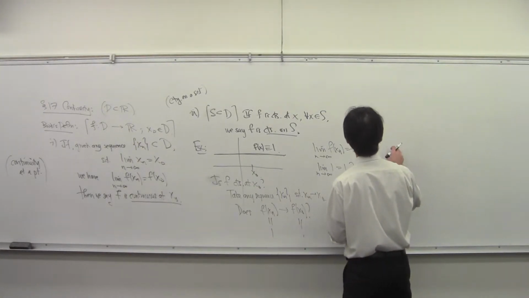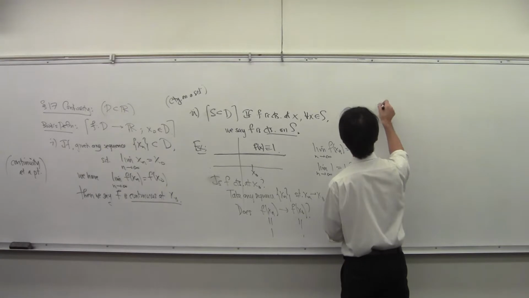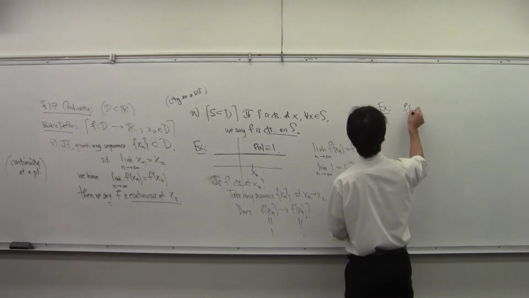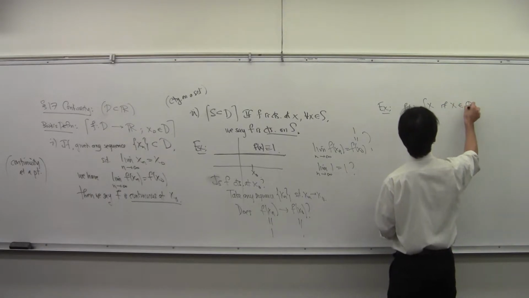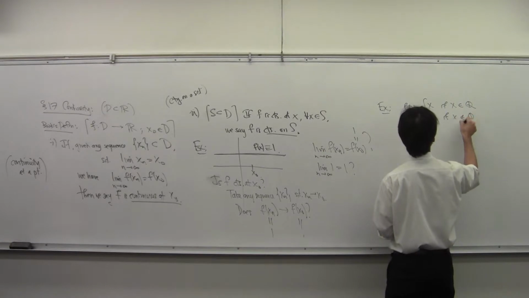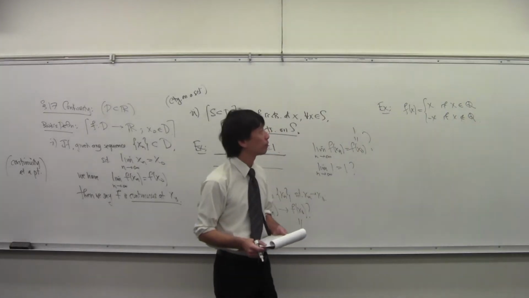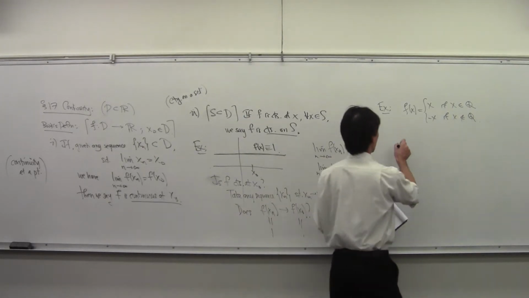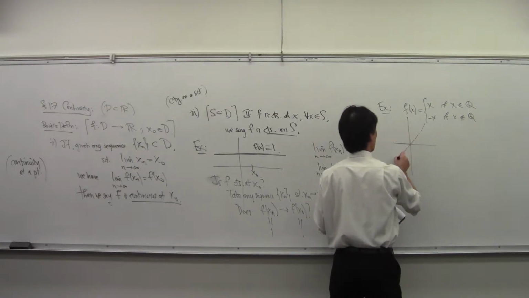Suppose you have something like this. Another example. f of x is x if x is rational, and negative x if x is irrational. So on all rational points, it looks like f of x equals x.